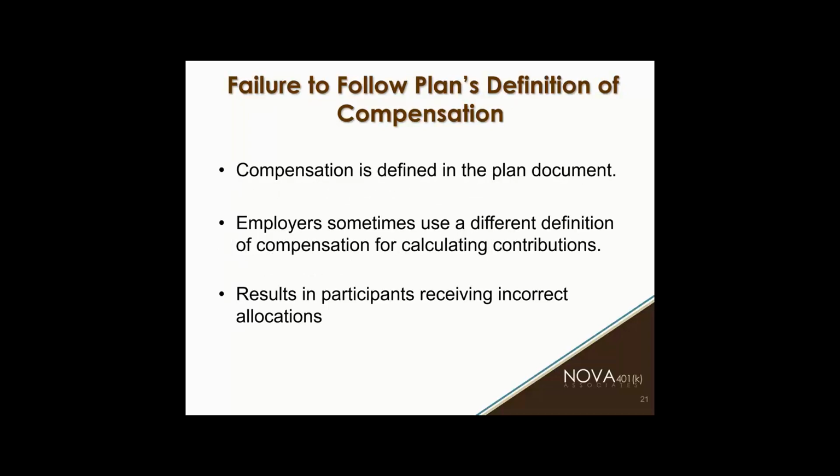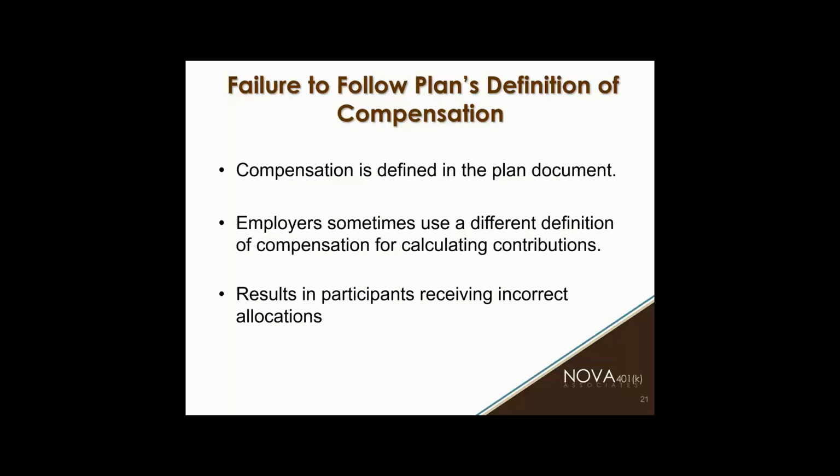So under not following the terms of your plan document, the most common problem is following your plan's definition of compensation. So compensation, that you use to apply the employee elections and any employer contributions that you might be making, is defined in the plan document.